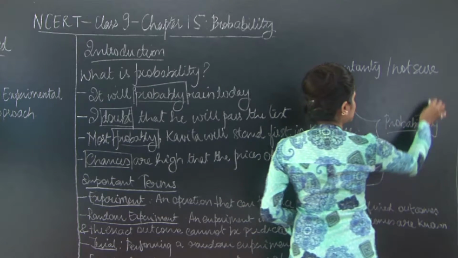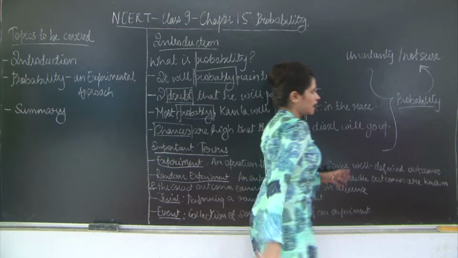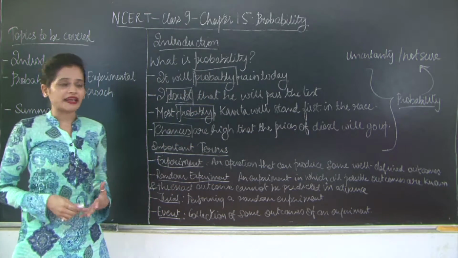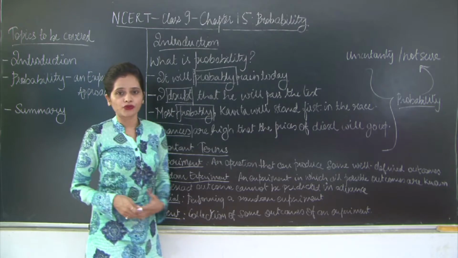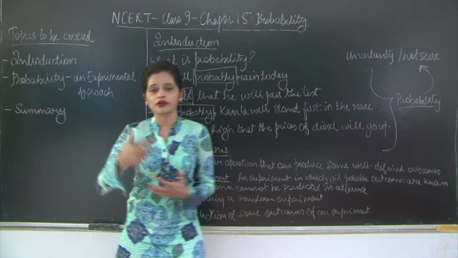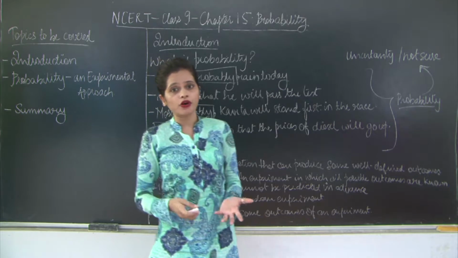So probability depicts uncertainty. Now this concept of probability arose from gambling. In gambling there are so many cards involved, and any card could result in you winning the game or losing the game.